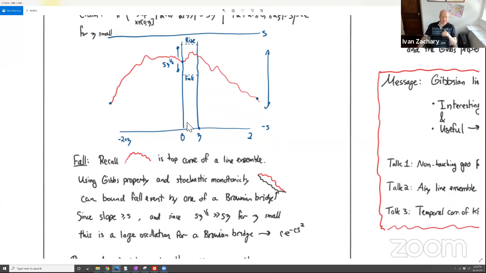Now, what about a quick rise? Well, if we go back to the line ensemble, unfortunately, monotonicity doesn't help us, right? Because the second curve of the line ensemble actually has the tendency to push the first curve up. So you could think that the second curve actually might induce a large rise.